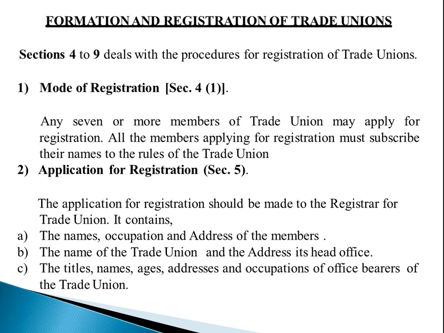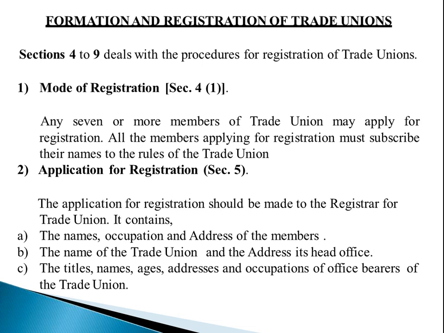It contains the names of the members, occupation and the address of the members. Then the second part is they have to compulsorily give the name of the trade union. As I earlier showed, like the All India Trade Union Congress, people have to mention the union name. Maybe they can use the name of the industry they are working in, or they can specifically mention the name of the trade union and the address where the head office is maintained.